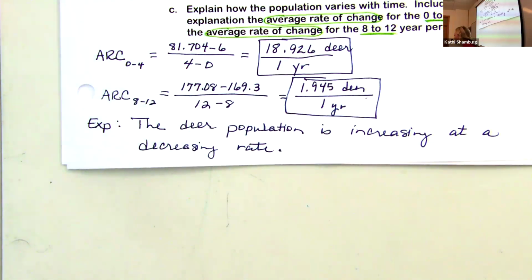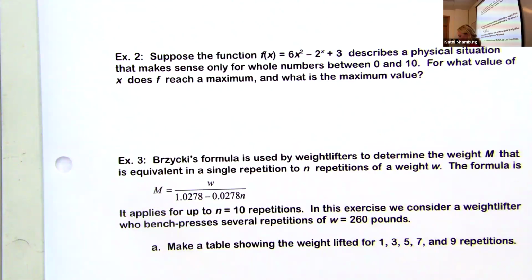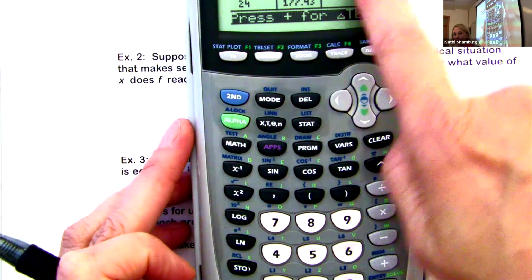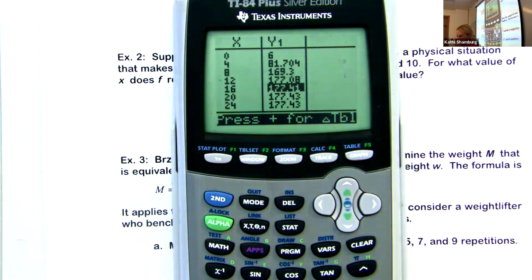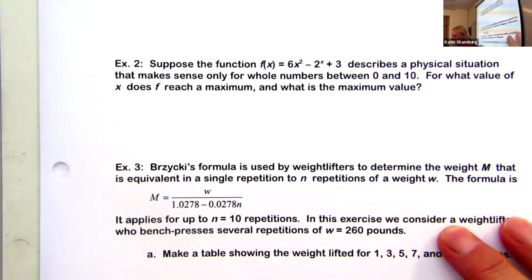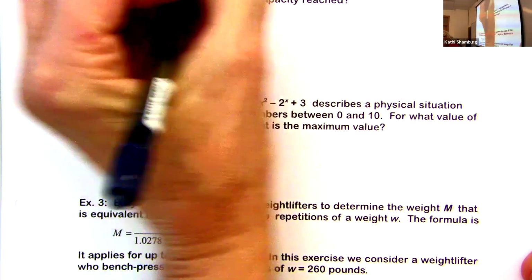All right, part D is on the next page. I want you to do second table and get back to the table. Okay. All right. D says find the carrying capacity for the deer reserve. What does this mean?